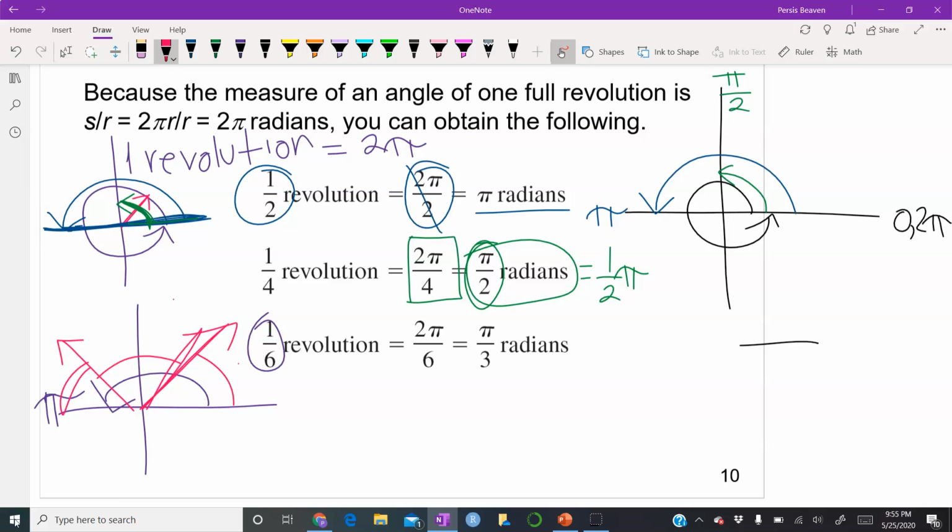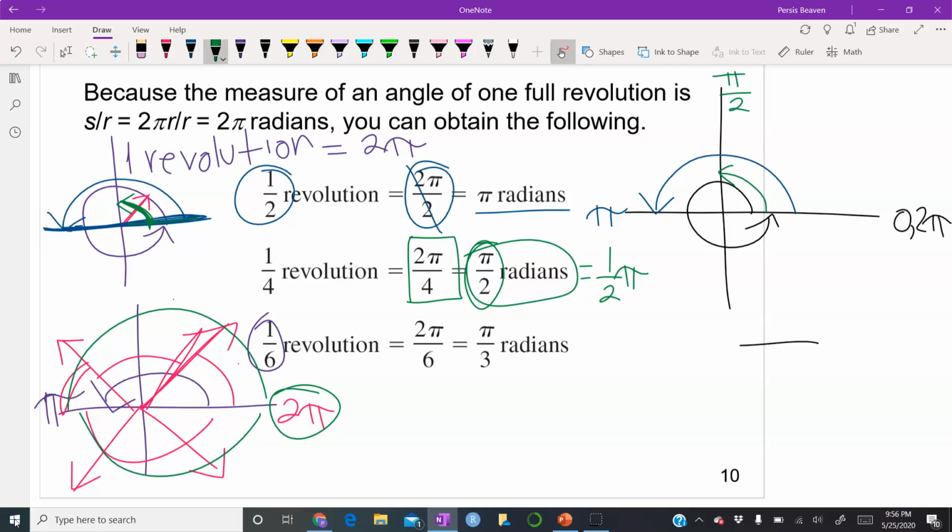And it's not really to scale. So if we do that again here, that would be another third and another third of the other pi radians, because remember at the end we have 2 pi. So imagine this is pi and this is another pi. So pi plus pi equals 2 pi. So that would be kind of like 1/6 of a revolution.